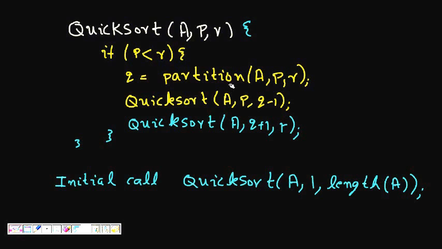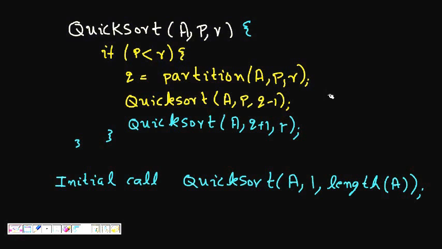We find q equal to partition(A, p, r). We pass the left index and the right index of the array which we want to partition. So q gives us the index of the pivot element in A[p..r], which is its index in the sorted array, and it fixes its position.